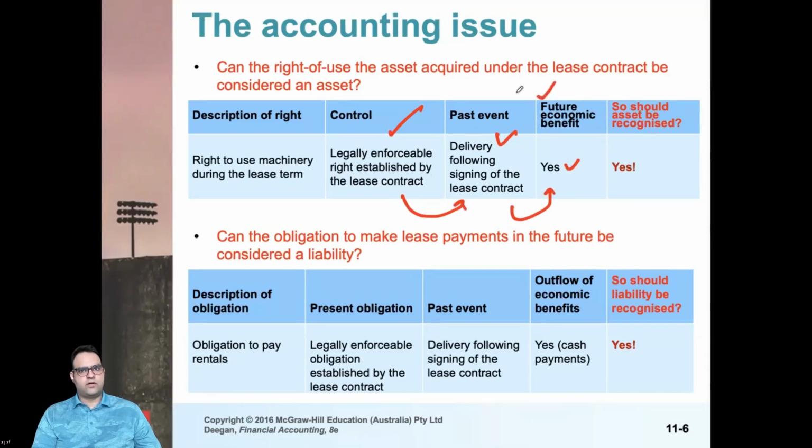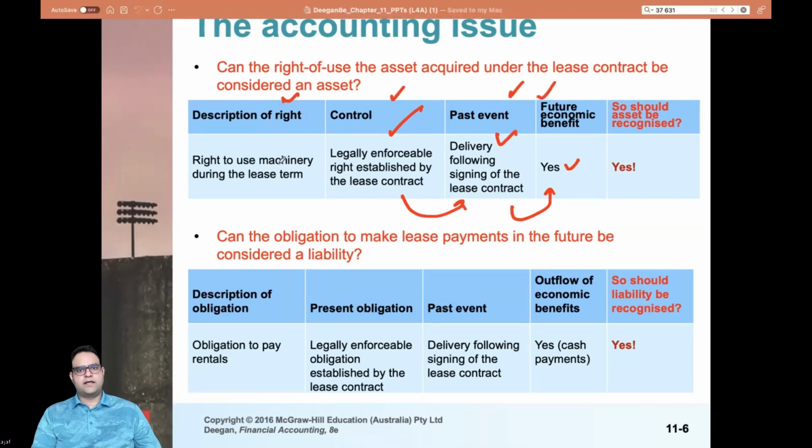So it fulfills all the criteria for describing something as an asset. Therefore, the accounting treatment for the lessee is that once the contract has been entered, he will have to recognize it as an asset, at least for the time of the lease period.